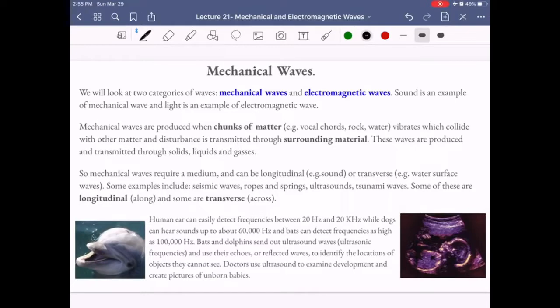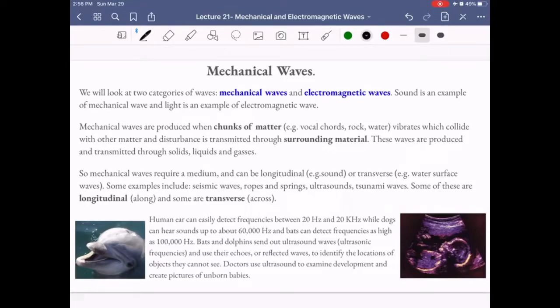So how do we produce them? What could be the source of that? The source could be a rock that fell in the water, or it could be vocal cords, which is what I'm using now, producing sound. And also it could be due to earthquakes, ropes, strings, and so on.